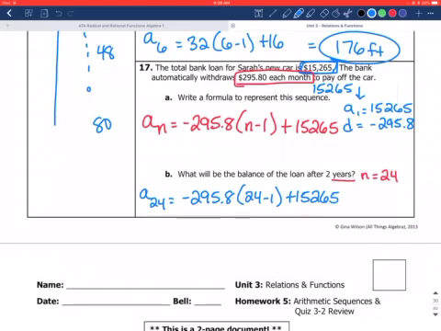When you type that all in, her balance of the loan after 2 years is $8,461.60. Now, we're dealing with money, so that's not 0.6, it's 0.60. Now, that's after 2 years, right?